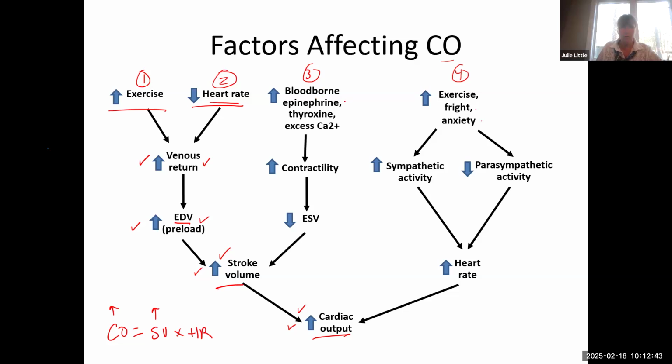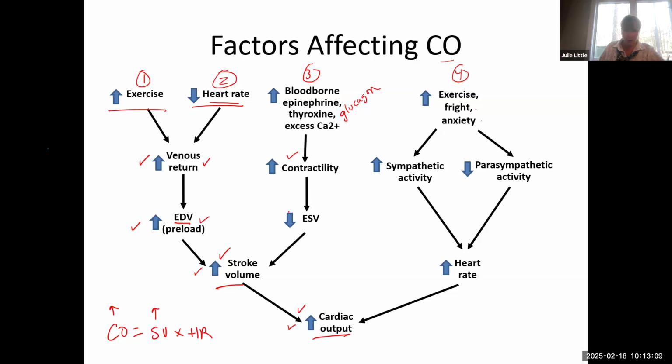If you have hormones like thyroxine or epinephrine, we should put glucagon on here since it was on the last slide, what that does is allow more calcium to be available to the heart cells so they actually contract harder. If you contract harder, you send more blood out. That increases stroke volume right away because you're sending more blood out.